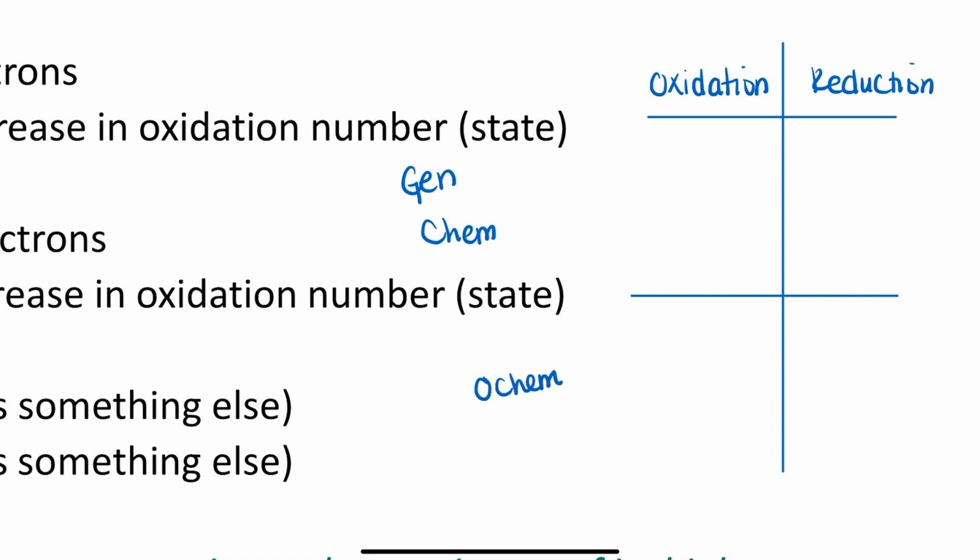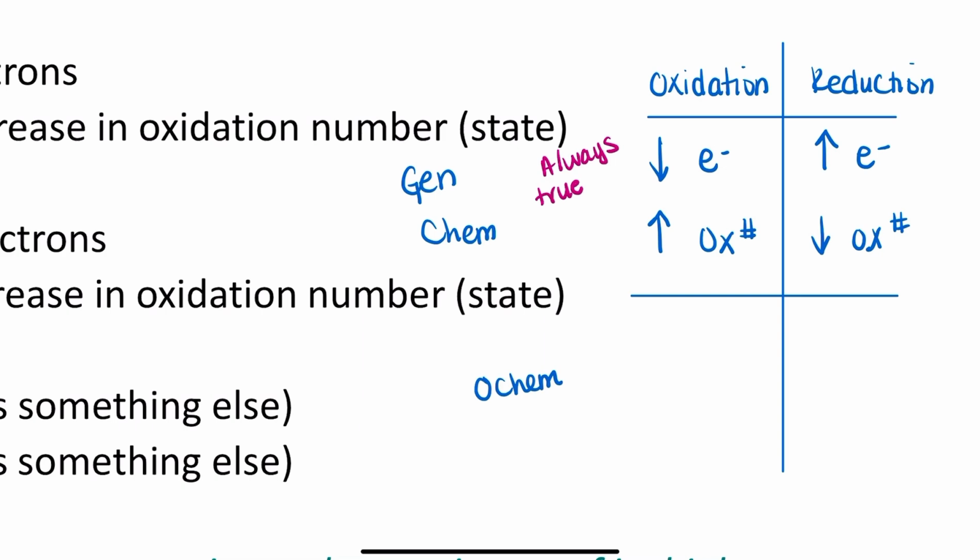Oxidation is the decrease in number of electrons, or increase in oxidation number. Reduction is the increase in electrons, so I gained electrons, or I reduced my oxidation number. This is always true. This is the fundamental definition of redox.